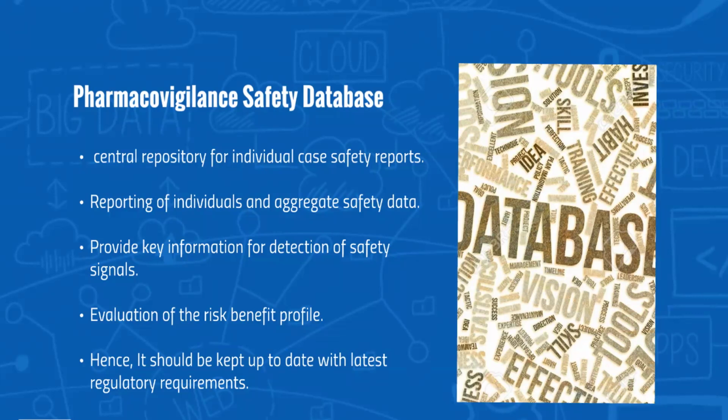Providing key information for detection of safety signals. Signals are something which are always new or novel. So when we are saying something new or novel, and you have to extract the information from your database, you can speed up your search.